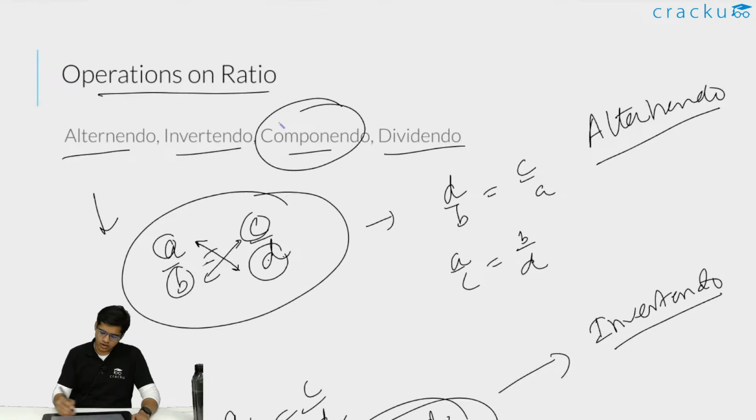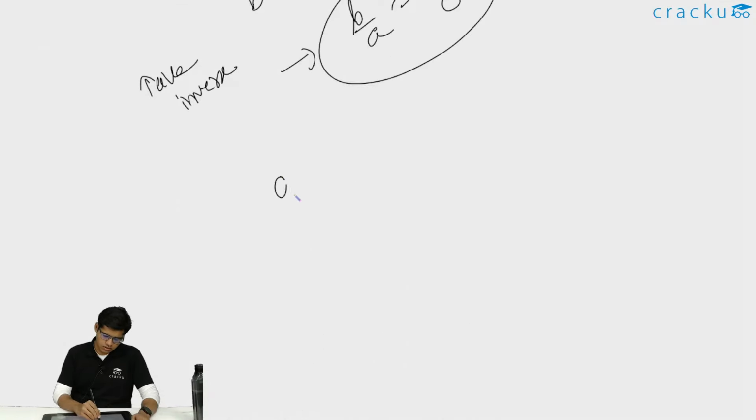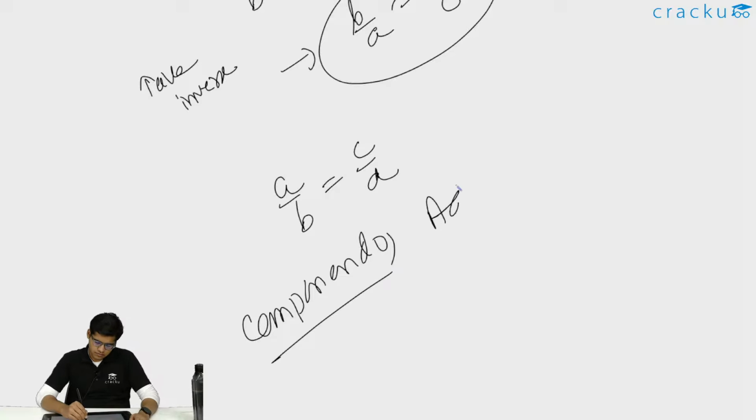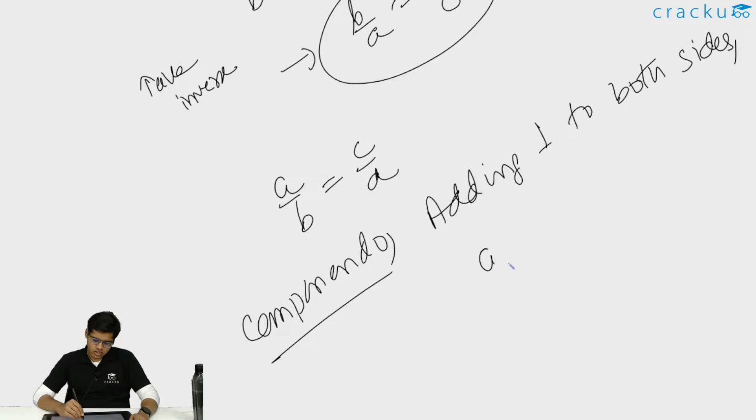Then comes componendo. Now a by b equals c by d. Componendo means adding 1 to both sides.